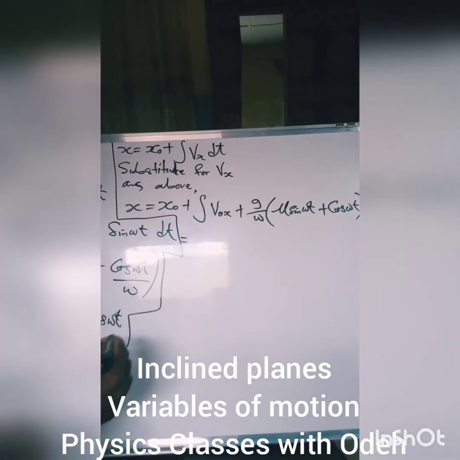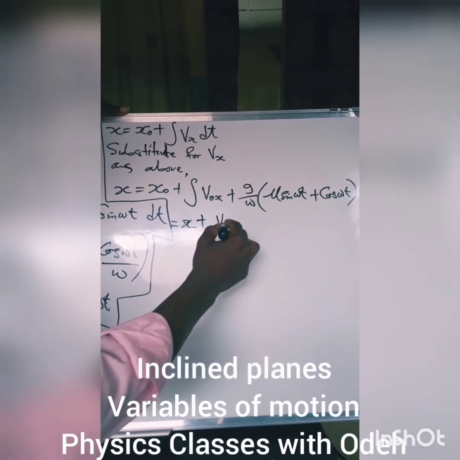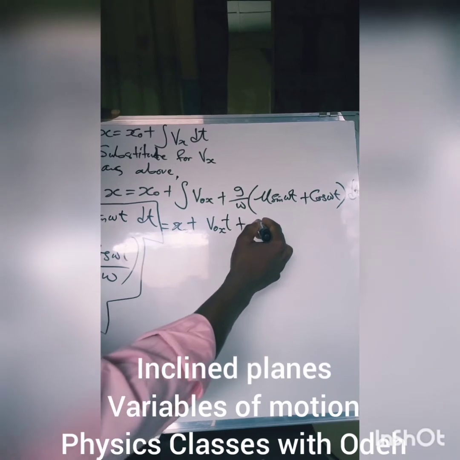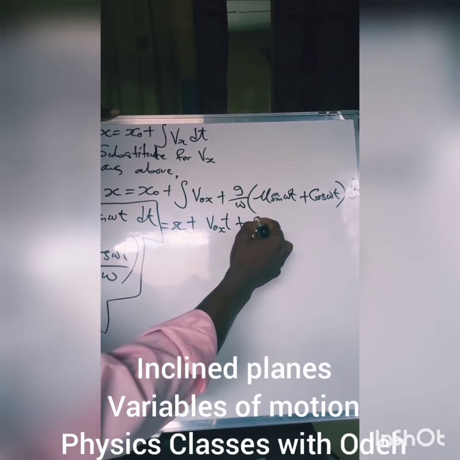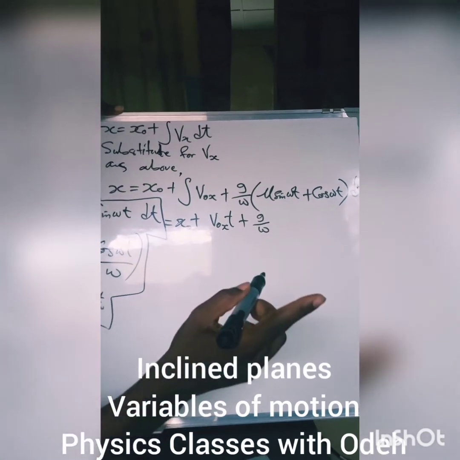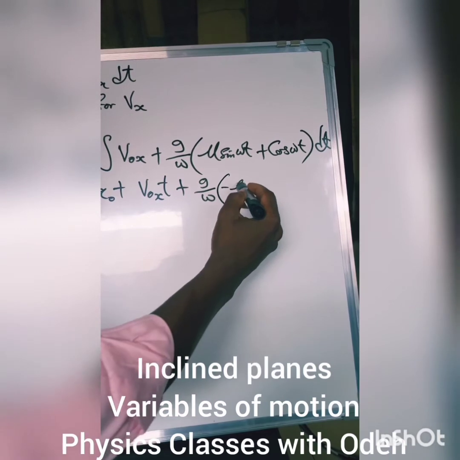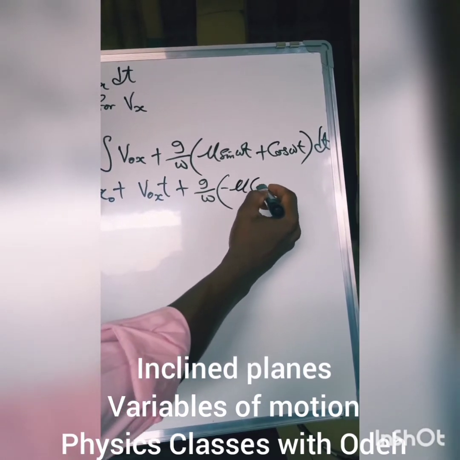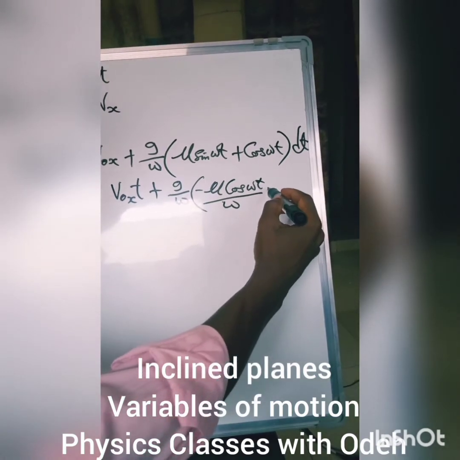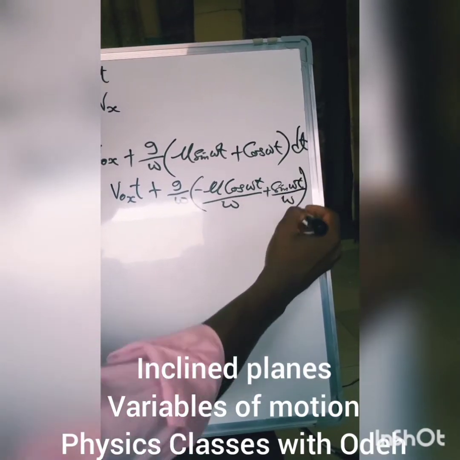This will be equal to x naught plus v naught x t plus g all over omega into minus mu cos omega t all over omega plus sine omega t all over omega.